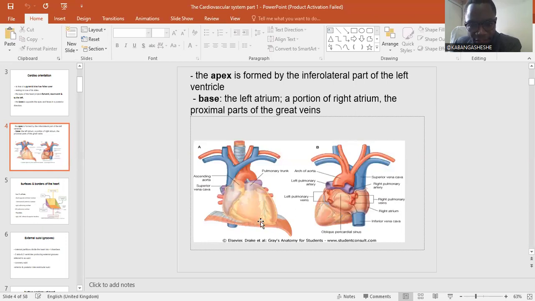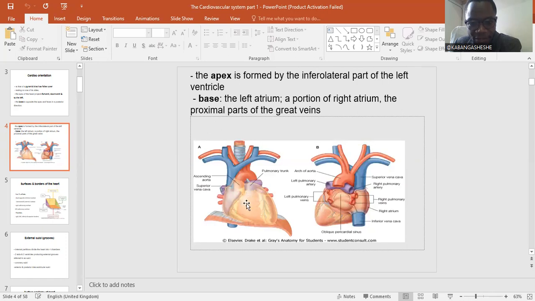So the first surface is here, known as the inferior surface or diaphragmatic surface. The surface upon which the heart is lying on the diaphragm, which is shown here clearly. So all this surface, which is lying on the diaphragm, we call it the inferior surface or the diaphragmatic surface. Then we have this anterior surface now, which we call the sternal surface.